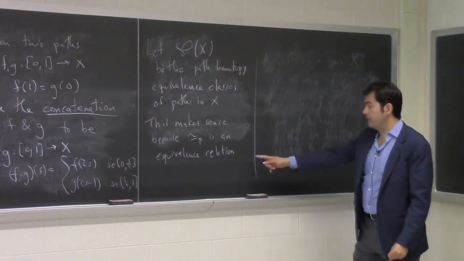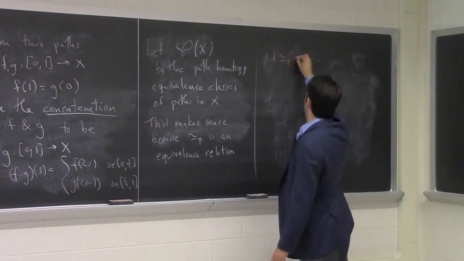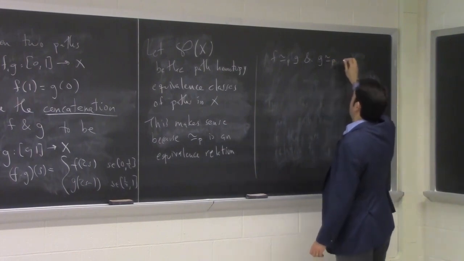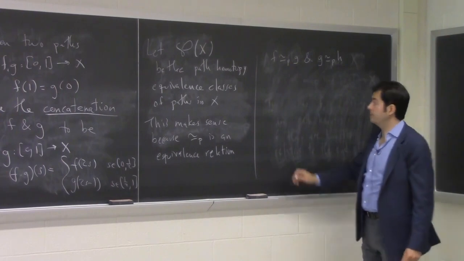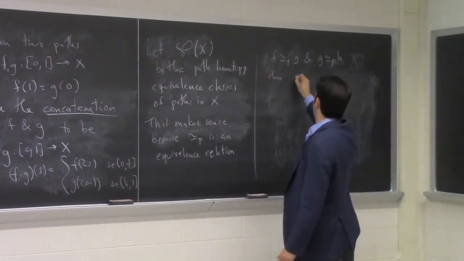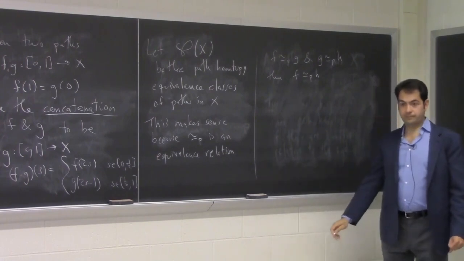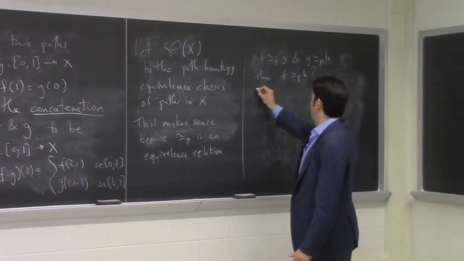And so the interesting one is, if f is path homotopic to g, and g is path homotopic to h, then f should be path homotopic to h. So we need to check that.